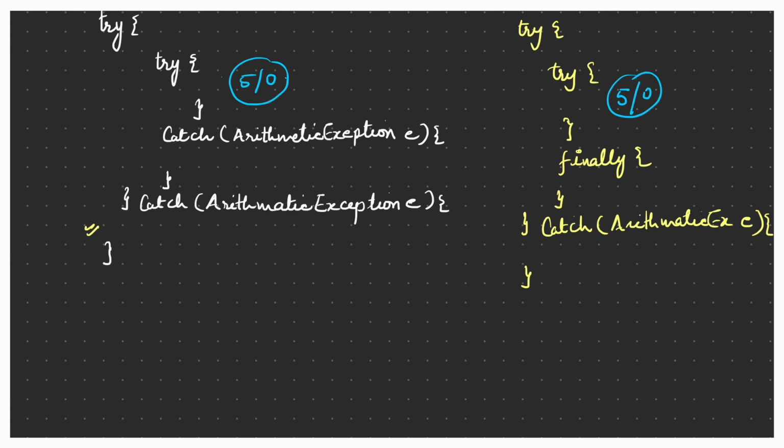But if you notice this code, I removed the catch block and added a finally block. Why is that? This is because a try block cannot exist alone.